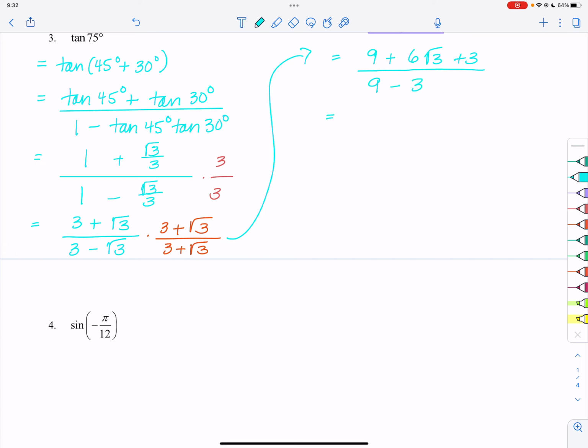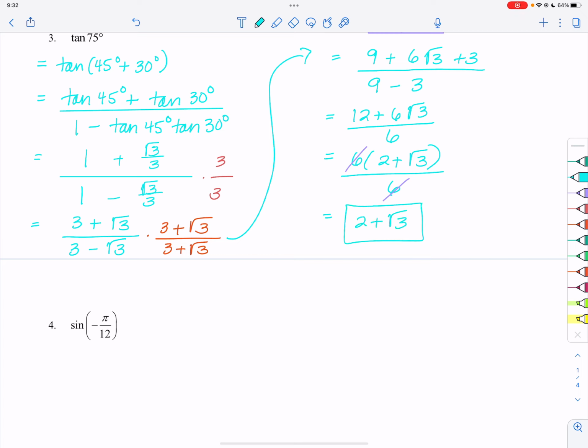So we come up with 12 plus 6 root 3 all over 6. Let's factor a 6 out of that numerator. And we end up with 2 plus root 3.